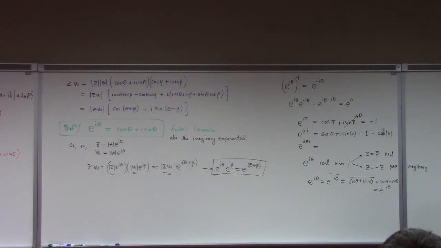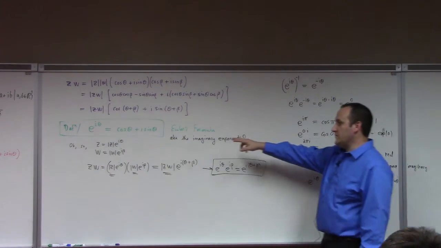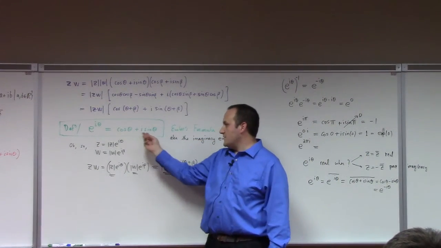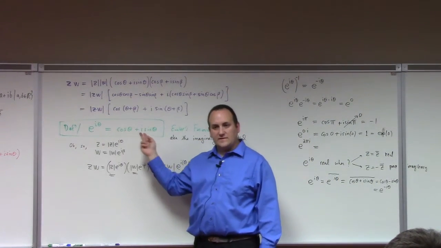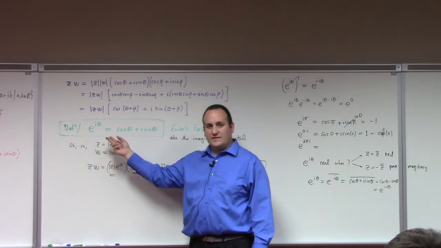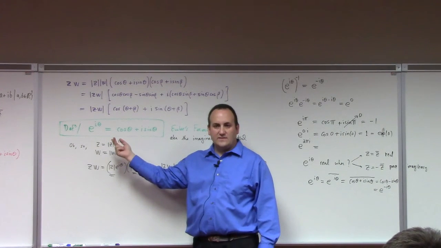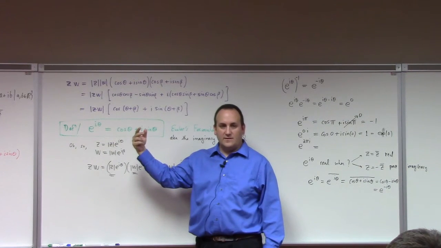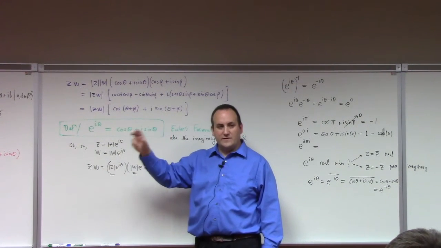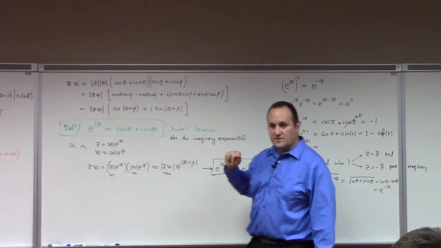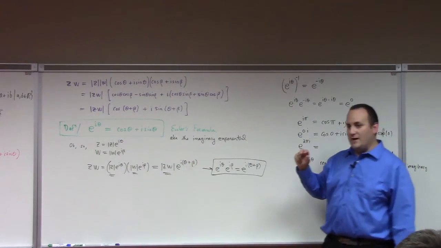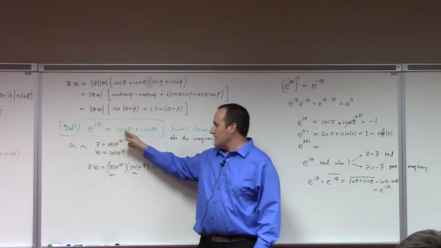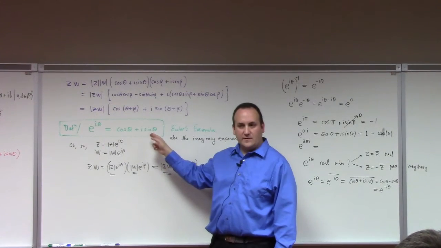But my point to you is, since the imaginary exponential is built from sine and cosine, it suffers the same degeneracies that sine and cosine suffer, right? If I tell you cosine of theta 1 is equal to cosine of theta 2, you don't get to say theta 1 equals theta 2. All you can be sure is that those values are separated by some integer multiple of 2 pi. But thankfully, we have the same degeneracy in both the real and the imaginary part of the definition of the imaginary exponential.